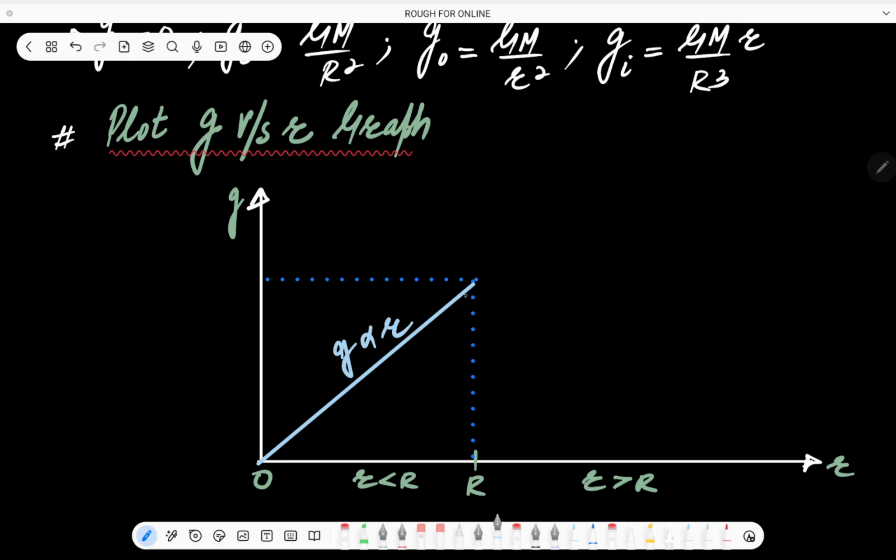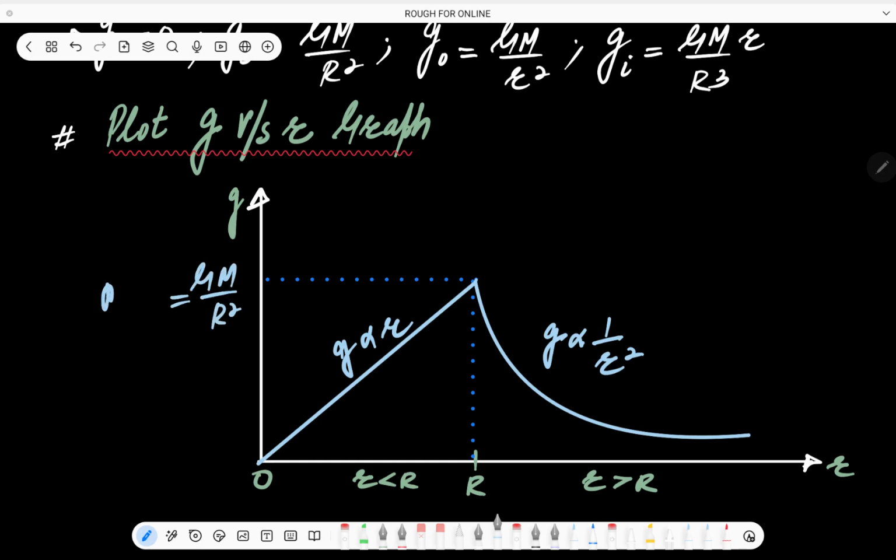Then outside it is inversely proportional to r², which implies the graph will be what you call a rectangular hyperbola. So outside, acceleration due to gravity will be proportional to 1 by r². And on the surface of earth, acceleration due to gravity is exactly GM by R², which is the maximum value.